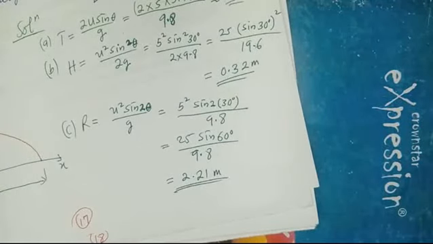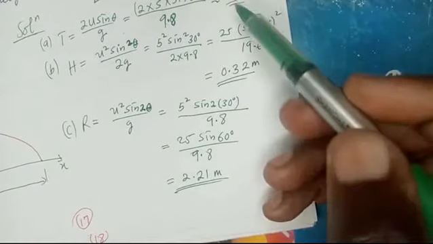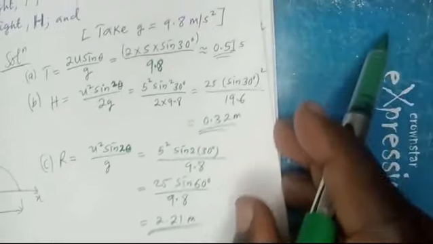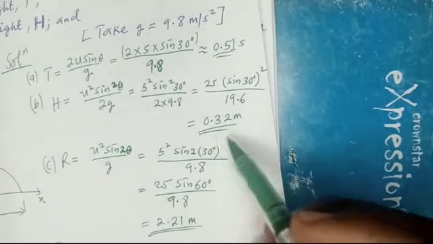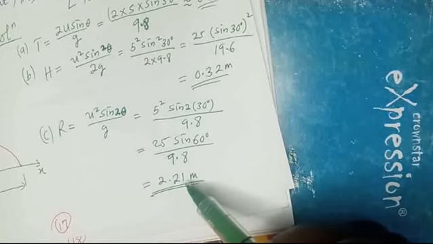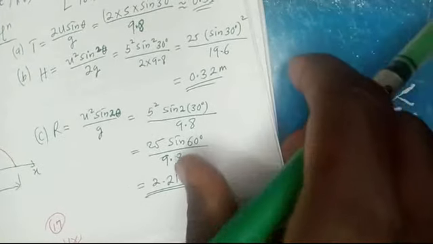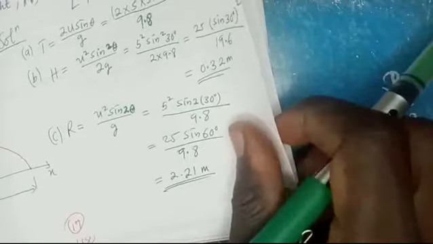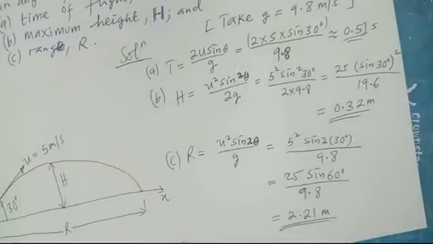Okay, so the time of flight we got is 0.51 seconds, the maximum height is 0.32 meters, and the range is 2.21 meters. In case you have not memorized all these formulae for the time of flight, maximum height, and the range, you can also use the equations of motion under gravity and you will arrive at the same result.